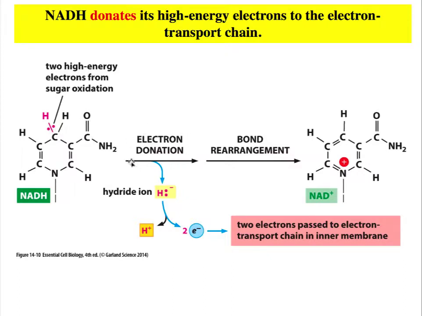Your destination happens to be the inner membrane of mitochondria, where proteins receive you and then use your energy for migrating protons across membranes, as you'll see in the next few slides. So your energy is eventually utilized and you are then diminished in energy. So let the story begin.